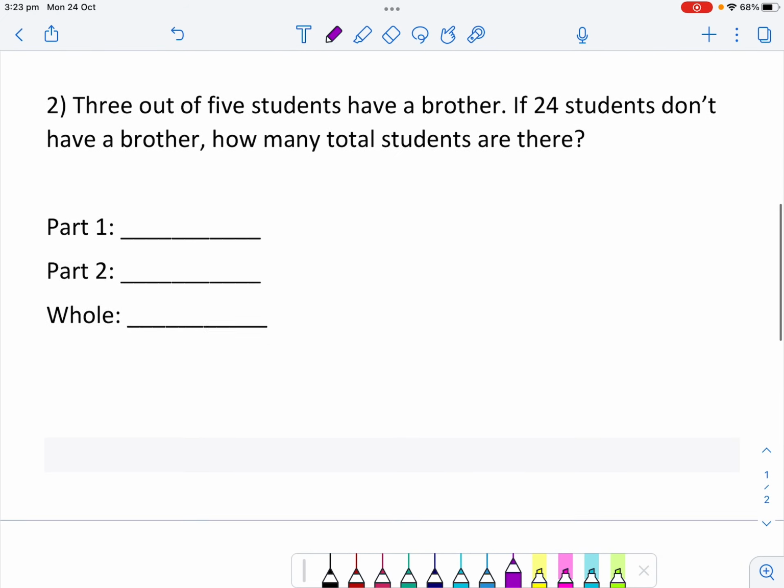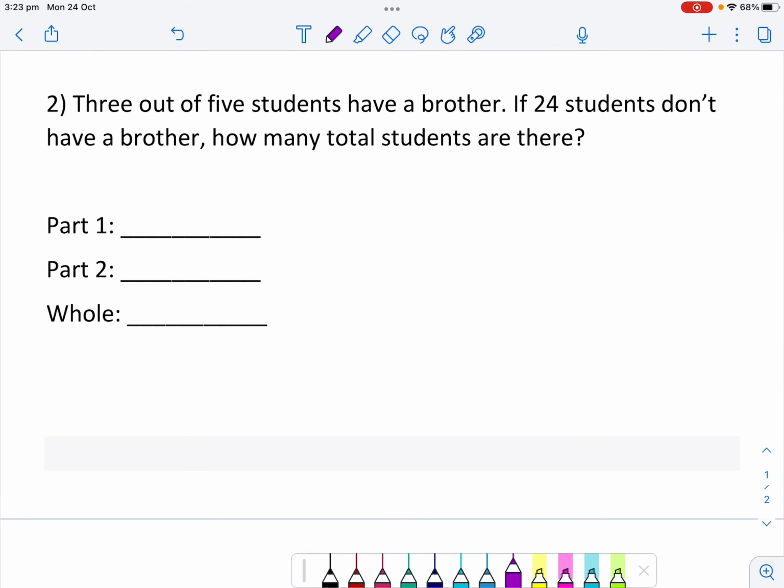Number 2 says 3 out of 5 students have a brother. So this is a part to whole. So again, I'm going to box this part, and then this is the whole.